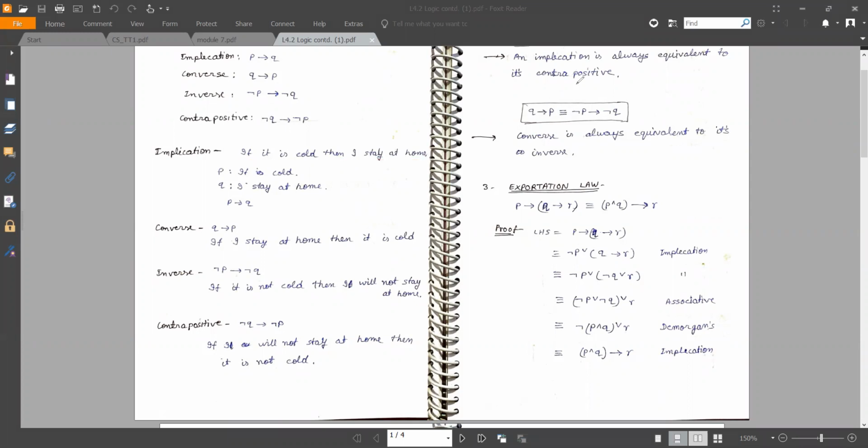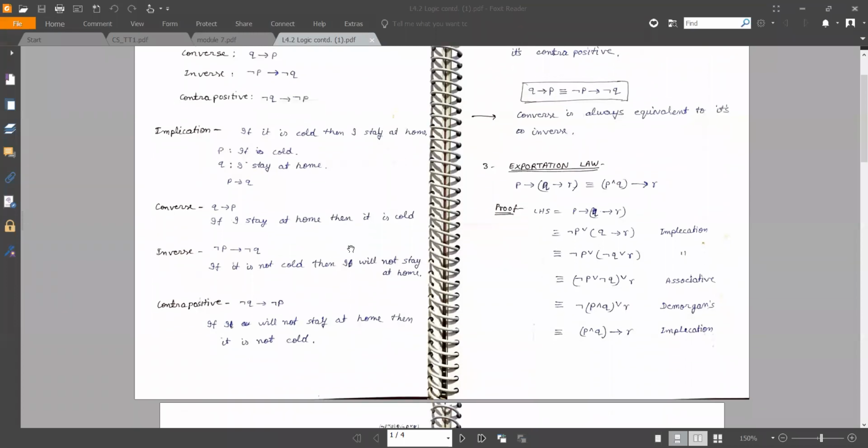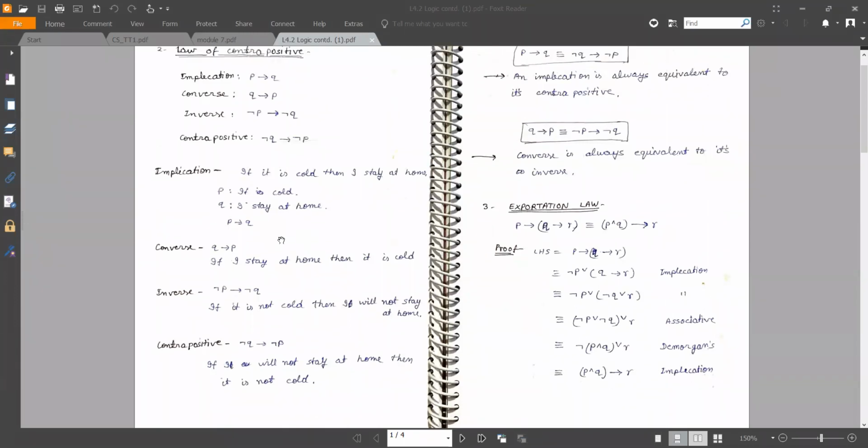Now let us see its various forms. The converse would be: we swap the operands. So the converse would be Q implies P, meaning if I stay at home, then it is cold.